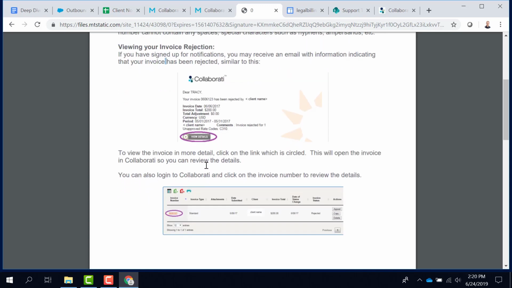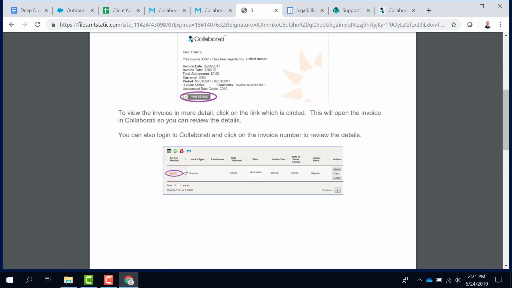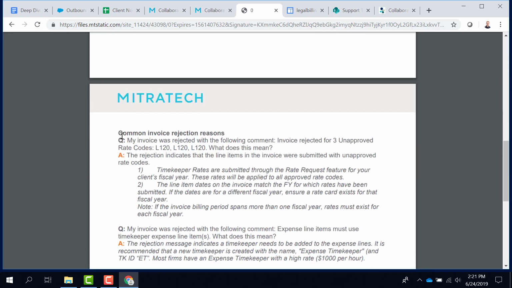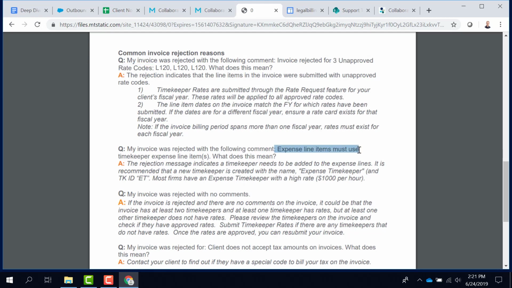Click here. Click on the invoice number in Collaborati to review the details. And here's some common rejection reasons. Here's the unapproved rate codes and the expense line items must use timekeeper expense line items. What does that mean? That means that the timekeeper needs to be added to the expense lines.